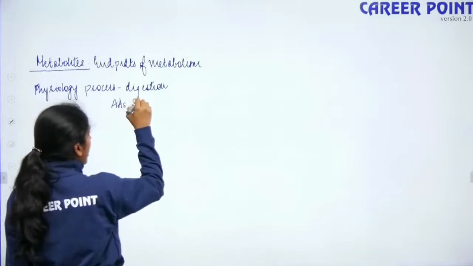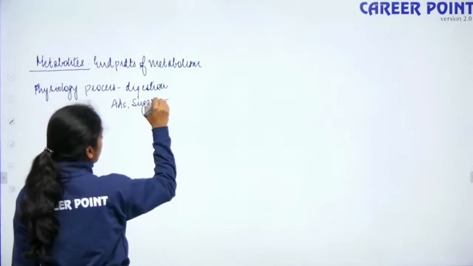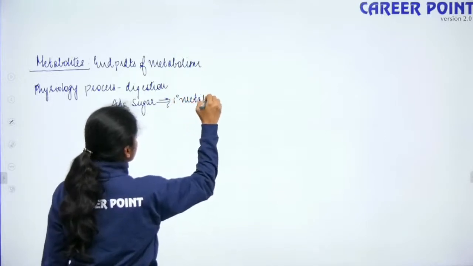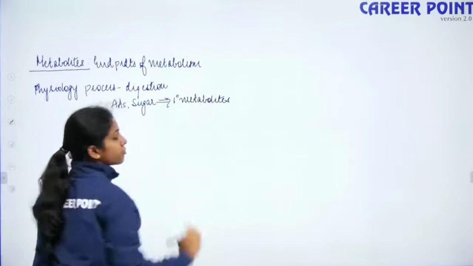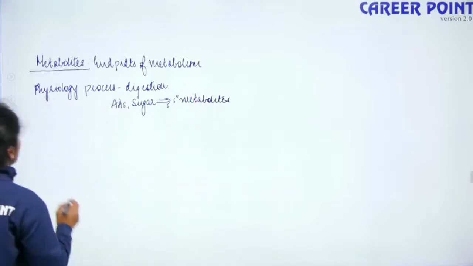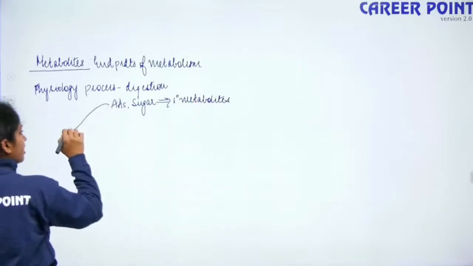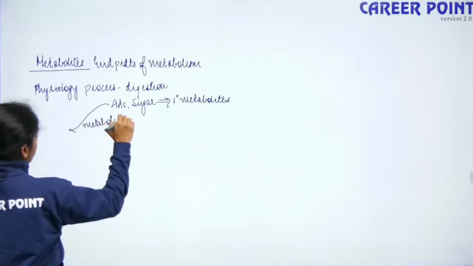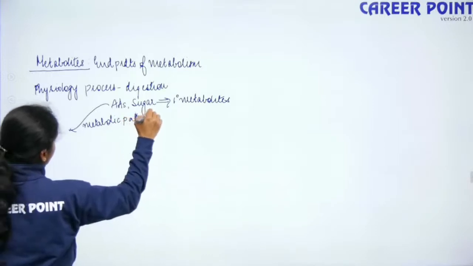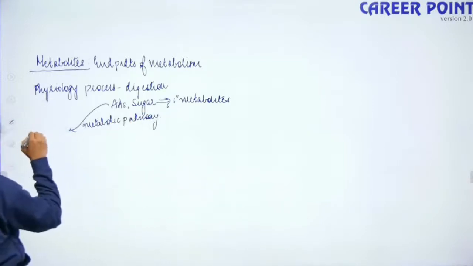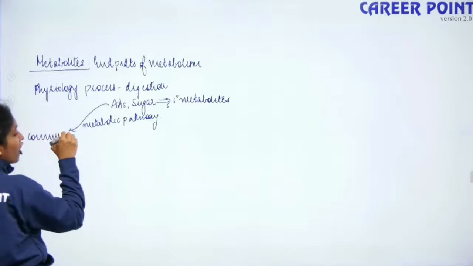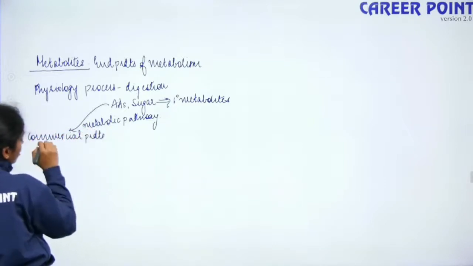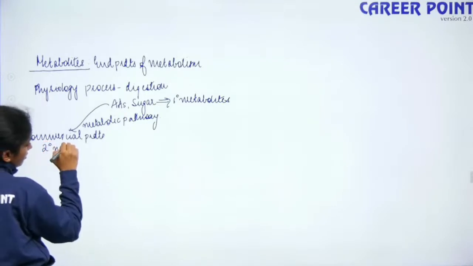Say for example you have sugar, so they are called your primary metabolites. Okay, so when these enter inside a metabolic pathway, they produce commercial products like your alkaloids, your drugs, your pigments. So those are called your secondary metabolites.